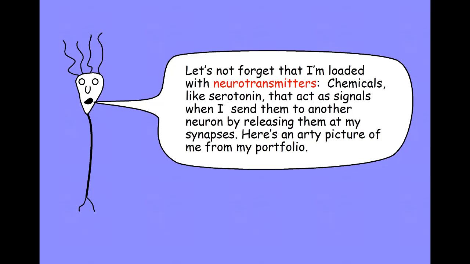GABA is another example of this. And these neurotransmitters are released by one neuron. They bind to receptor sites on the other neuron, and they then facilitate the communication between neurons. And of course, different neurotransmitters have different functions.